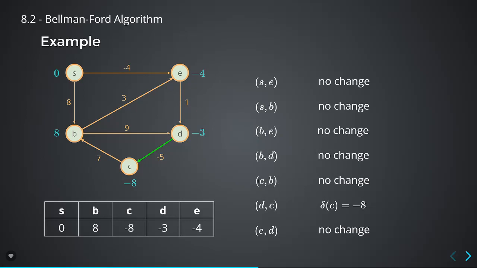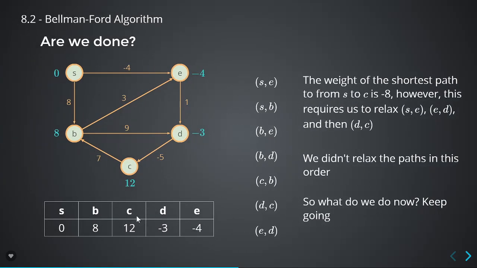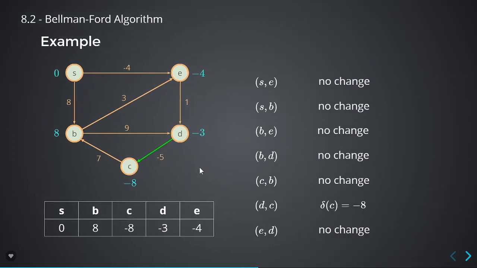CB, well, this would actually make a difference if we know we can get to C at -8. So see again, this is where the order matters, because it costs you 7 to go from C to B, and before we had C equal to 12, right? At that point, we still have the cost going to C to be 12. So if I just add 12 to 7, I'm going to get 19, which is way worse than 8 that we have so far.